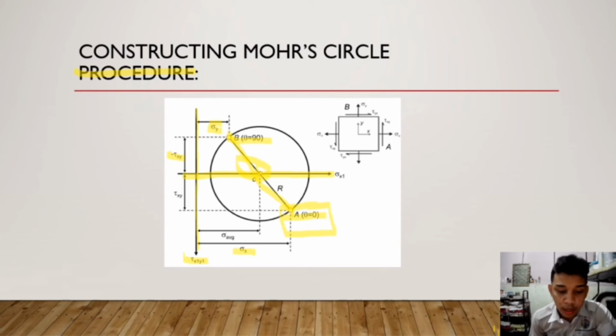Points A and B are opposite ends of the diameter and therefore 180 degrees apart on the circle.